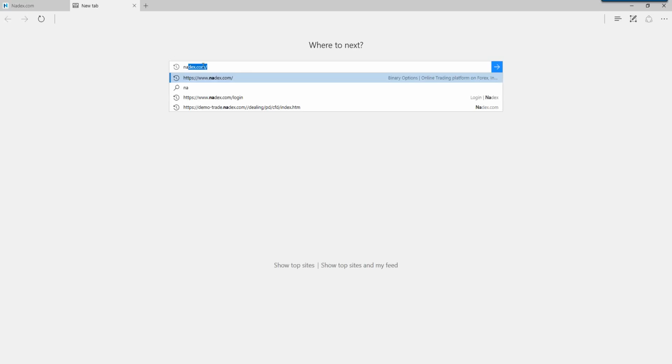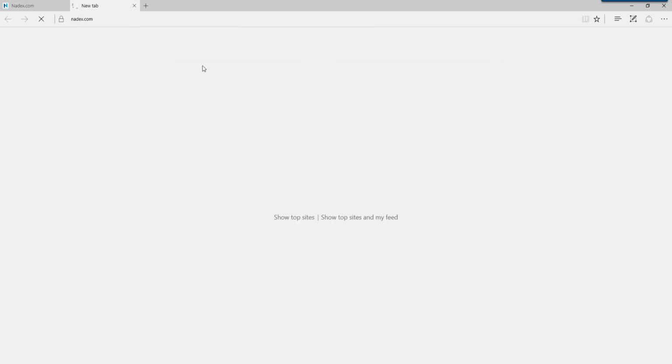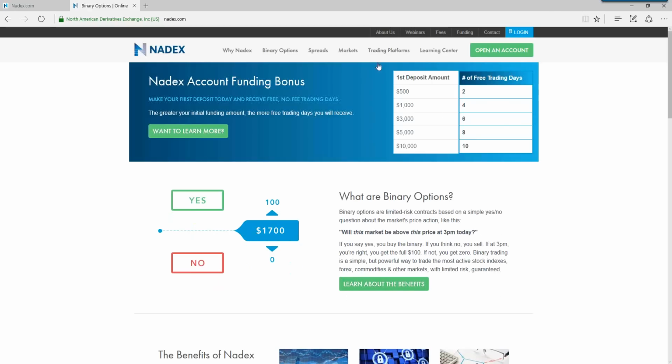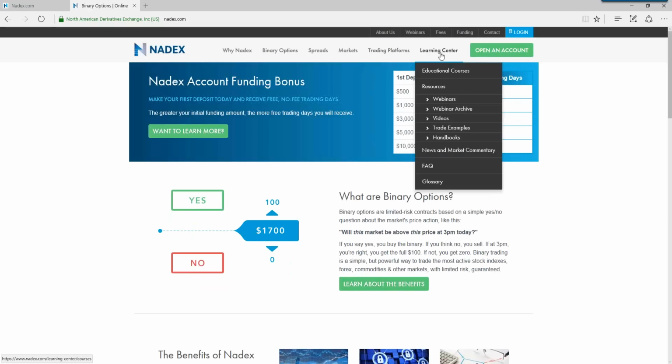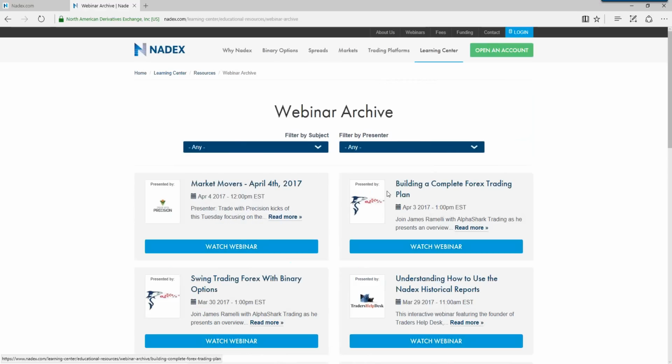If you go to nadex.com and you go to the Learning Center, the webinar archive, you can actually filter by subject and you can filter by presenter.